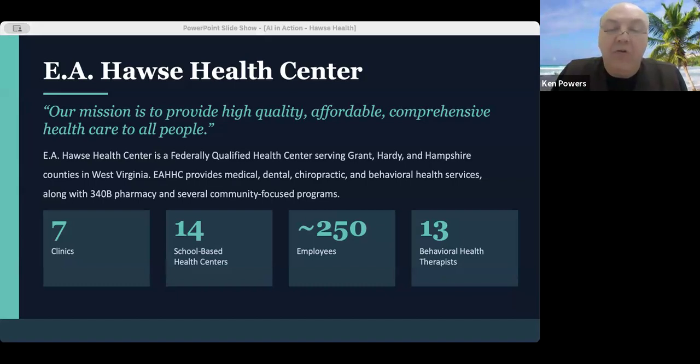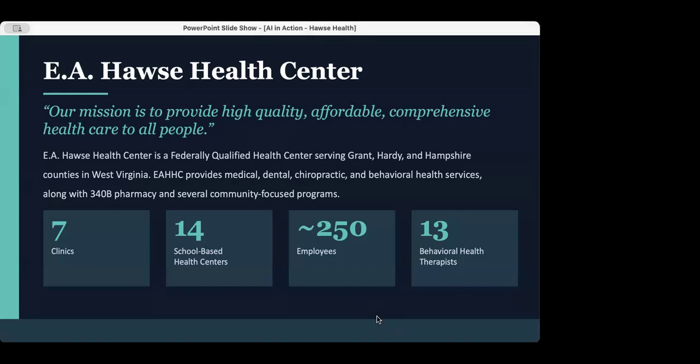We have quality assurance measures that we have to report on. As far as behavioral health services, we have 7 clinics and 14 school-based health centers, and currently 13 behavioral health therapists. We manage all of those school-based health centers as well as seeing people in our clinics. Hawse Health has over 250 employees.